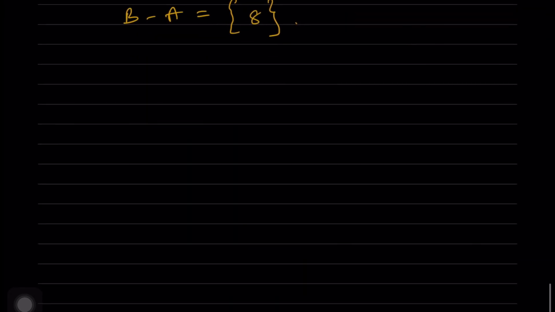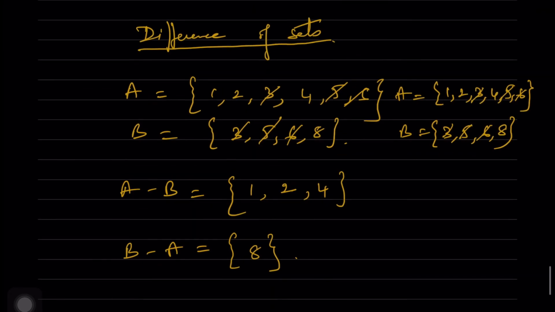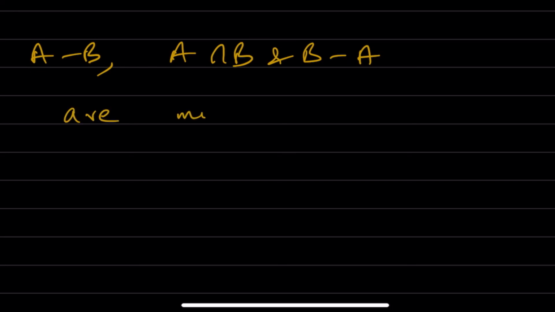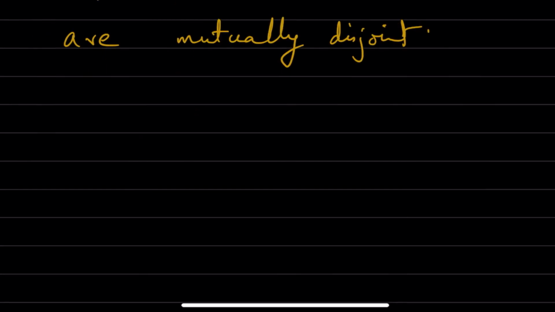Got it? Now, A minus B, A intersection B and B minus A are all mutually disjoint. Mutually disjoint means they are all different from each other. You can see this from the Venn diagram, I will draw the Venn.